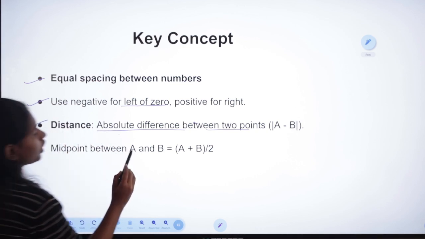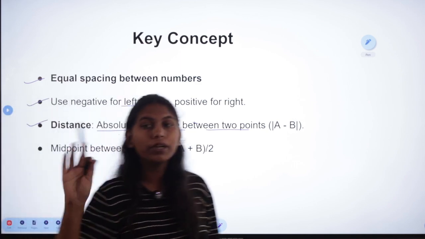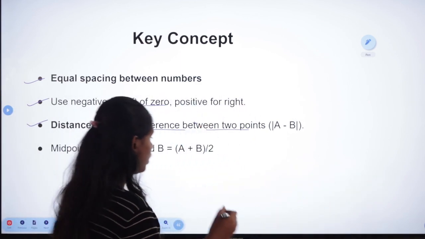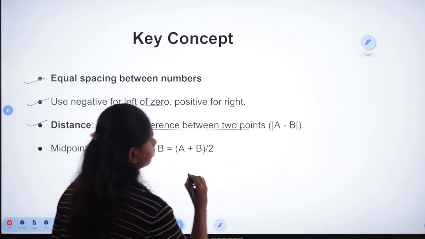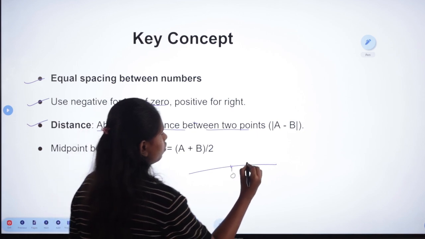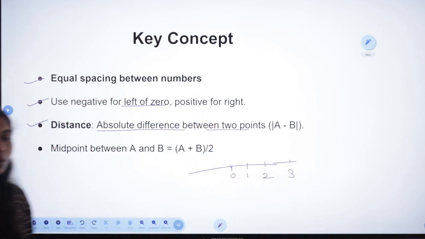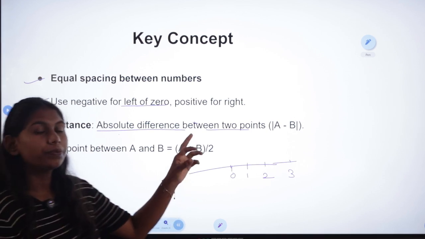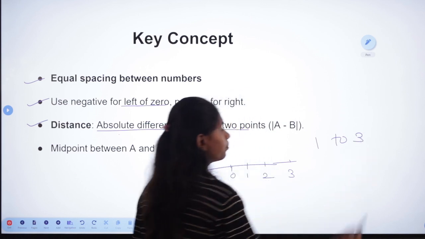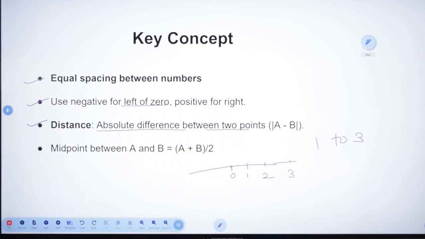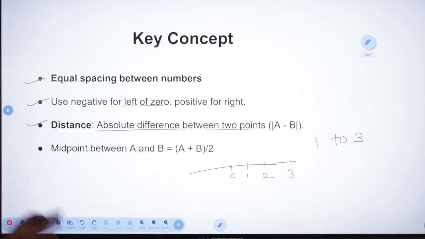Then midpoint of A and B. And how will you find the midpoint? Suppose there is a distance of 3: 0, 1, 2, 3. Now suppose there is a question that you have to find the midpoint from 1 to 3, which is exactly in the middle.